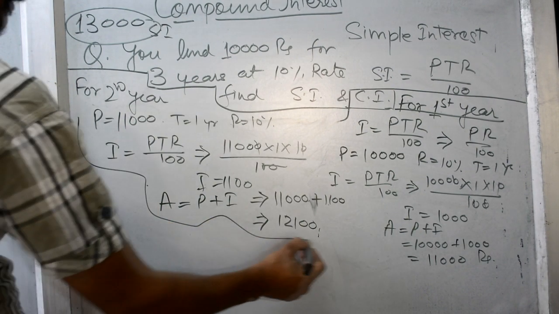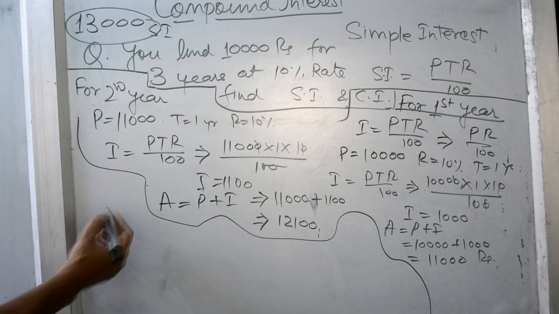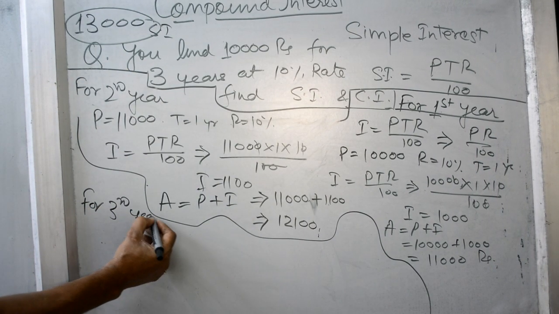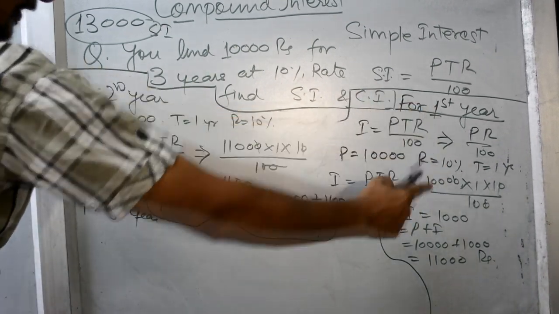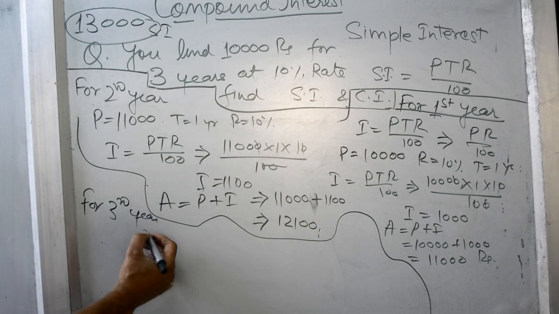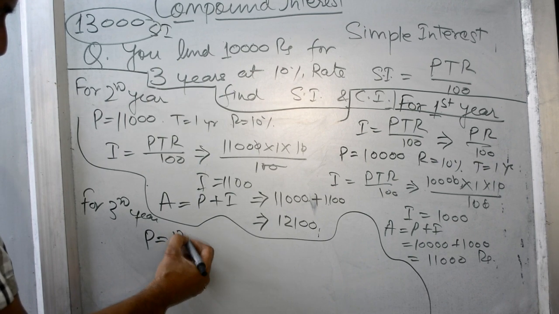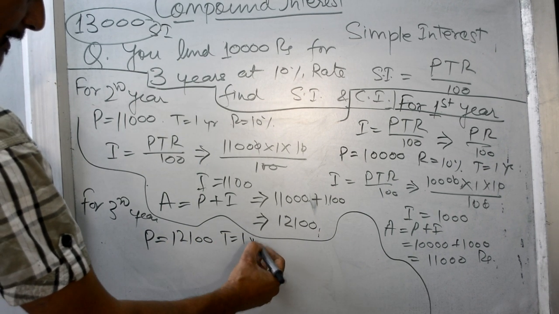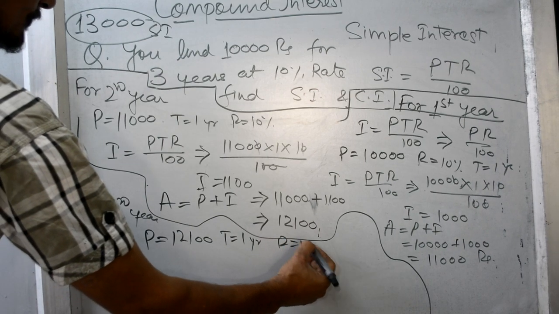Now this will be the principal for the third year. For the third year, now you forget this and this too. The principal will be 12,100 rupees. Time is again 1 year and rate of interest is the same, 10%.